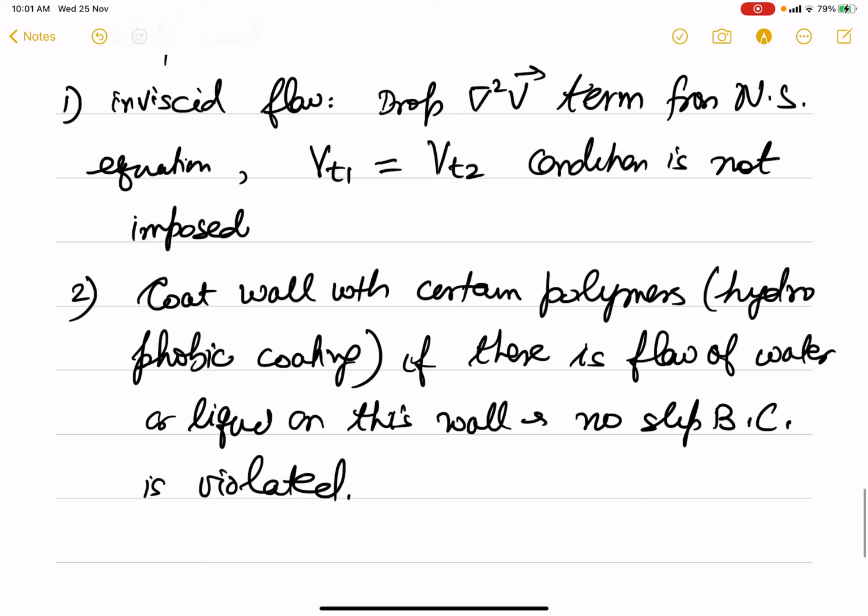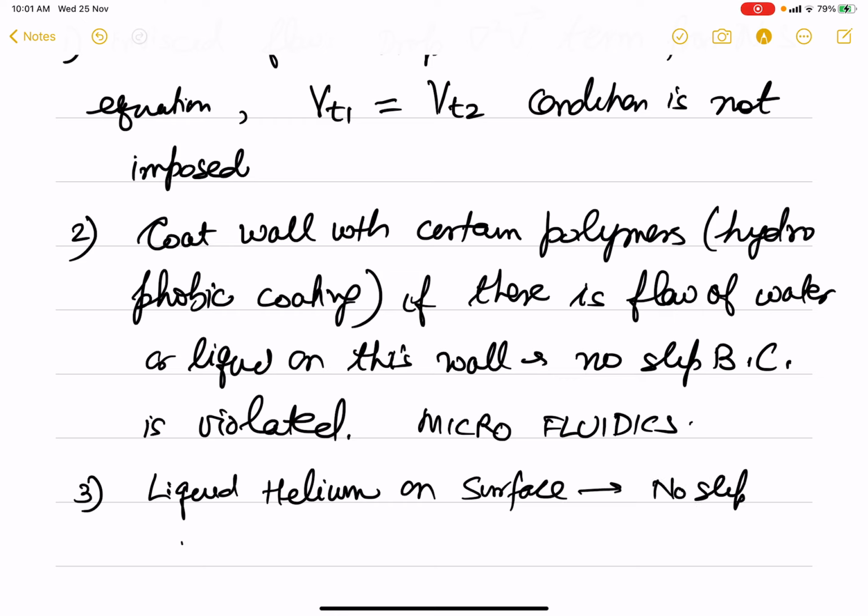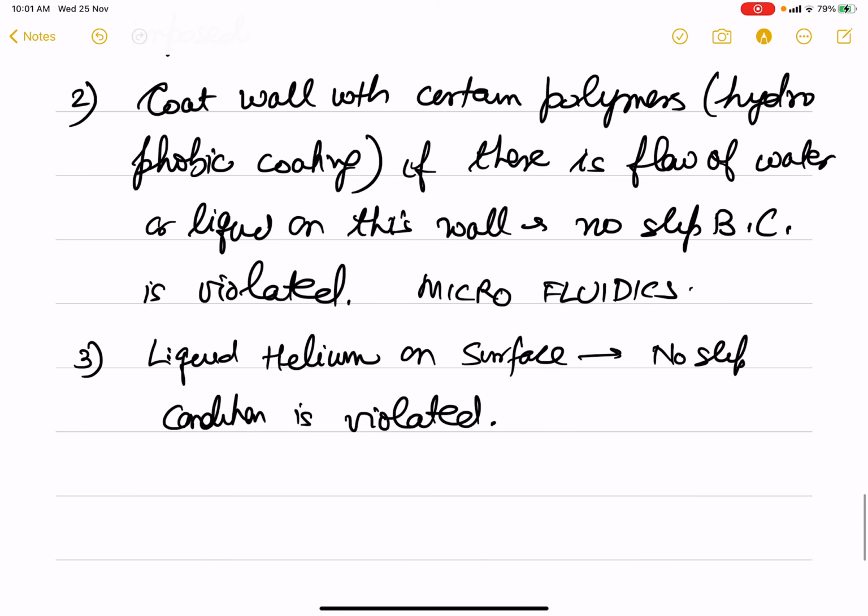That means there is some slip on the boundary. And these type of flows come mainly in microfluidics. Another condition, if flow of liquid helium on a surface is observed, here also we find that the no slip condition is violated. But in most viscous flows, we will assume the no slip boundary condition.